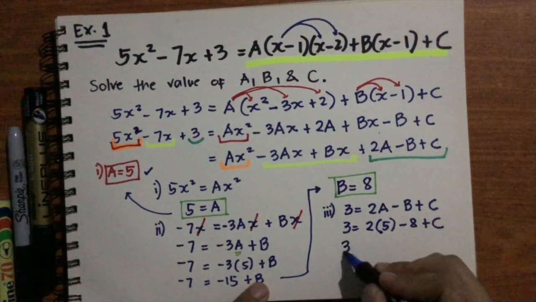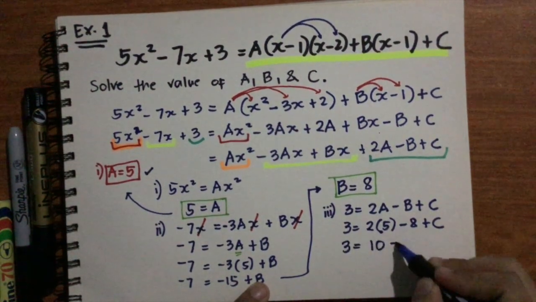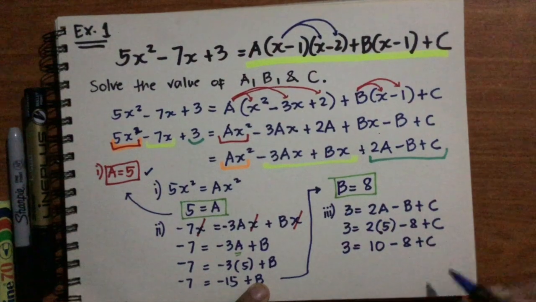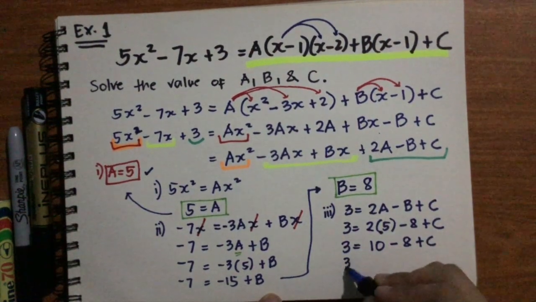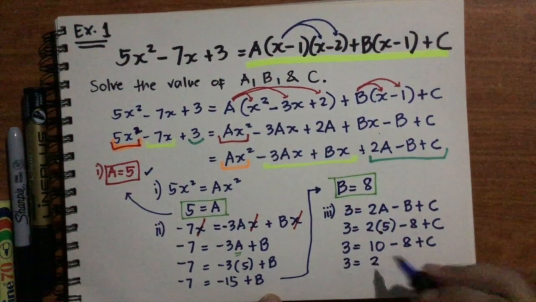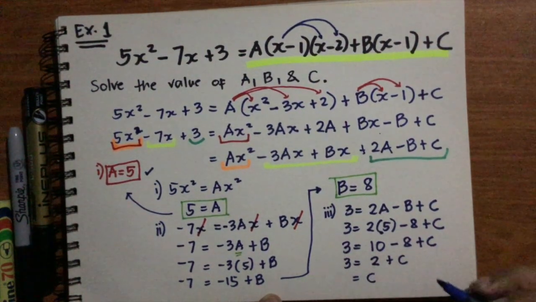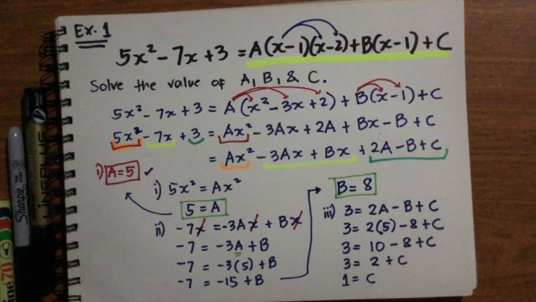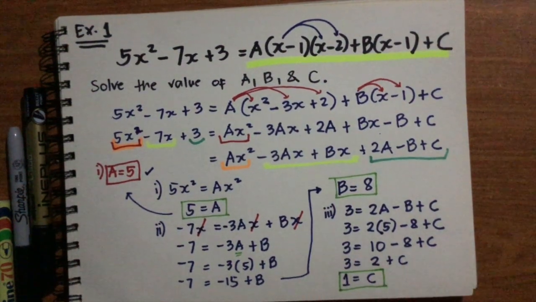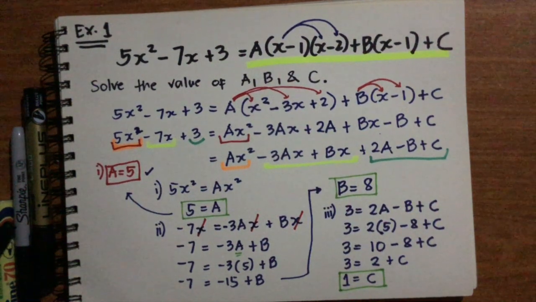Therefore, you can have 3 is equal to 10 minus 8 plus c. Simplifying, that will be 2 plus c. Therefore, c is equal to 1. So there you go. These are the values of your a, b, and c.